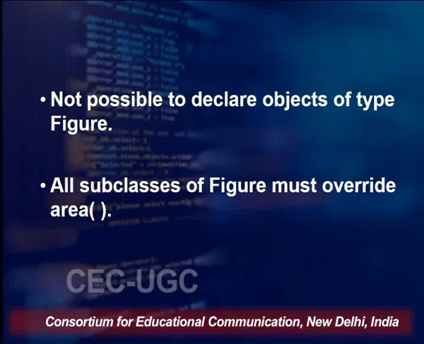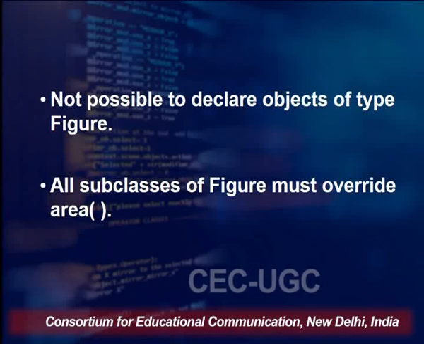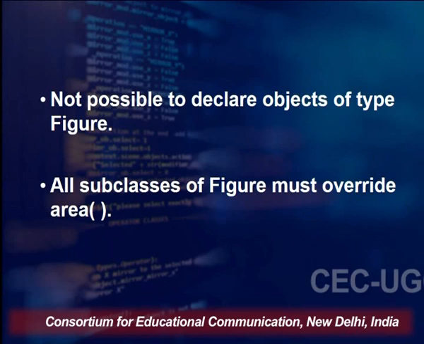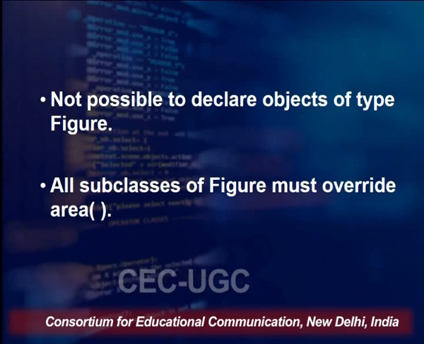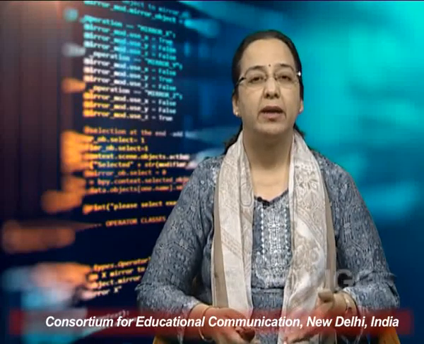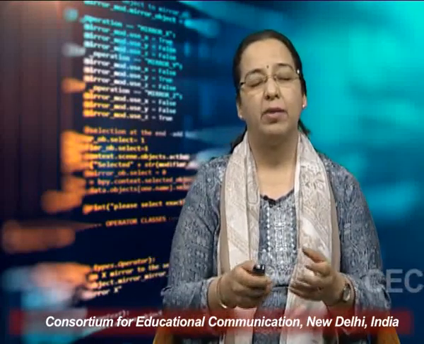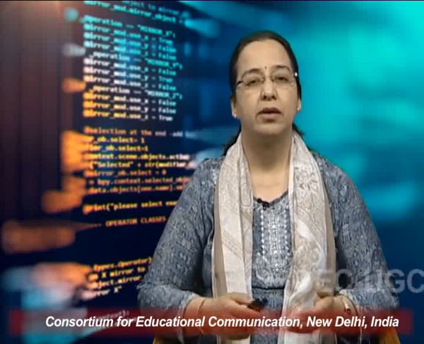So, it is not possible to declare objects of the type figure, and all the subclasses of figure must override area, because now figure is an abstract class, and that method area is actually an abstract method.